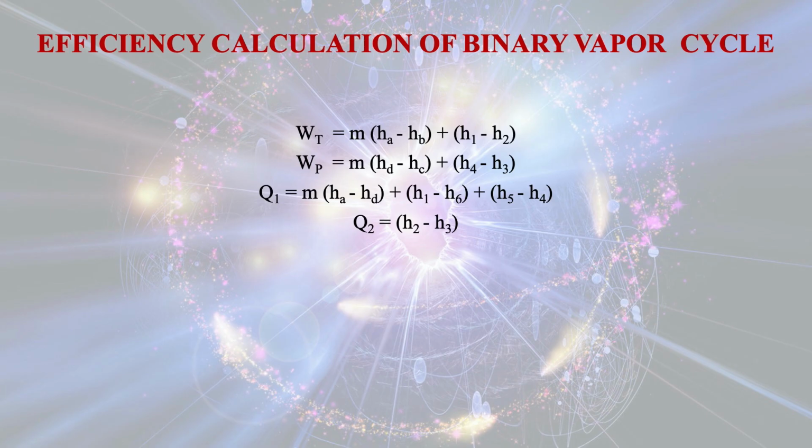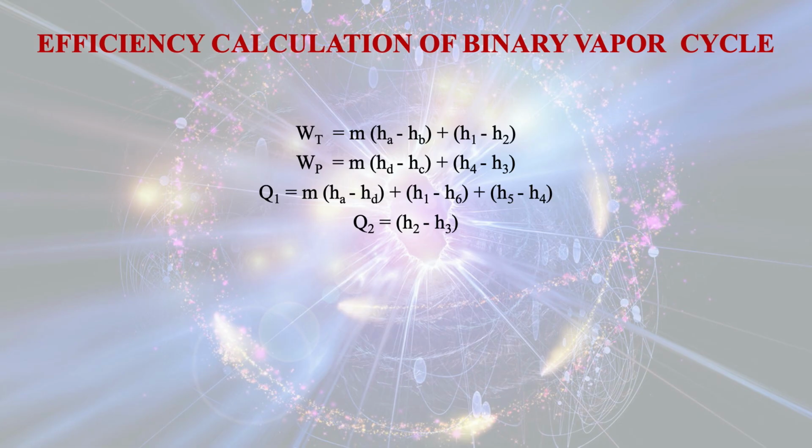Here you see that the first term in the right hand expression of WT is M multiplied by HA minus HB, that is the work done by the mercury turbine, and the second part, H1 minus H2, is the work done by the steam turbine.